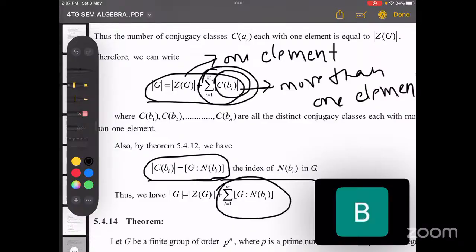So by the definition, here we are using the conjugacy class and also the definition of the normalizer. The theorem we have proved with the help of the conjugacy class, through that only we are proving this one. Okay.